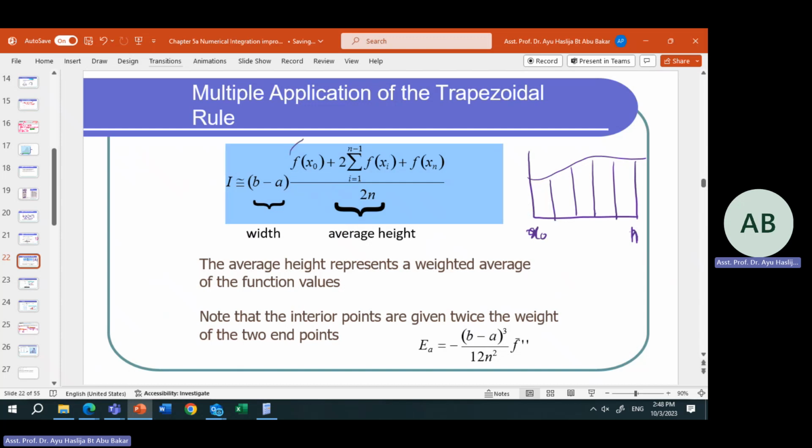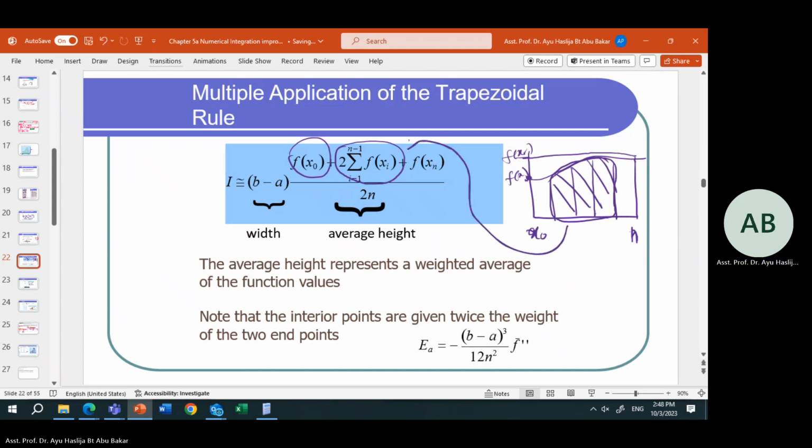Fx naught is the first one. Here is the intermediate. Fxn over here, the final one. So the intermediate area over here is this part. Summation of the intermediate area. Then divide by 2n.